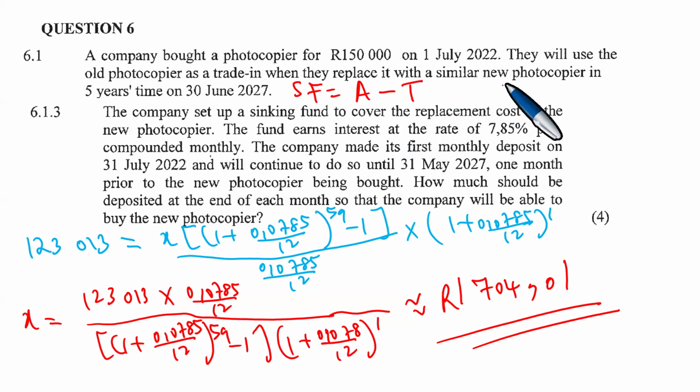The A is obtained from the compound interest appreciation formula, and the trading value is how much the photocopier will be worth at the time that it's sold. When you sell it, you trade it in, and they give you some money because you are replacing the equipment.